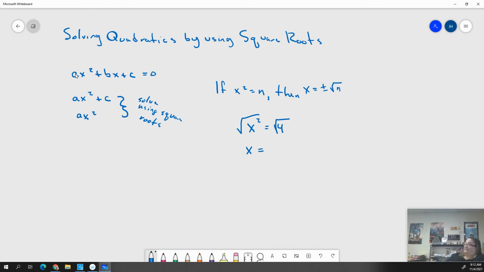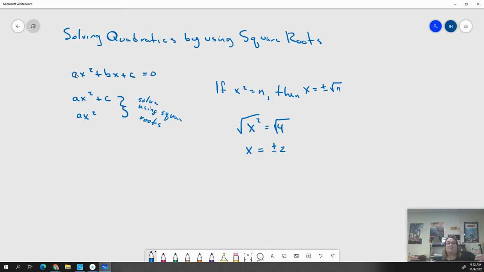But get this. Negative 2 times negative 2 also equals 4. So the answer is actually plus or minus 2, because it can be negative 2 or it can be positive 2. And when we're dealing with squares, you'll always have 2 answers. You will have a plus and you will have a minus.